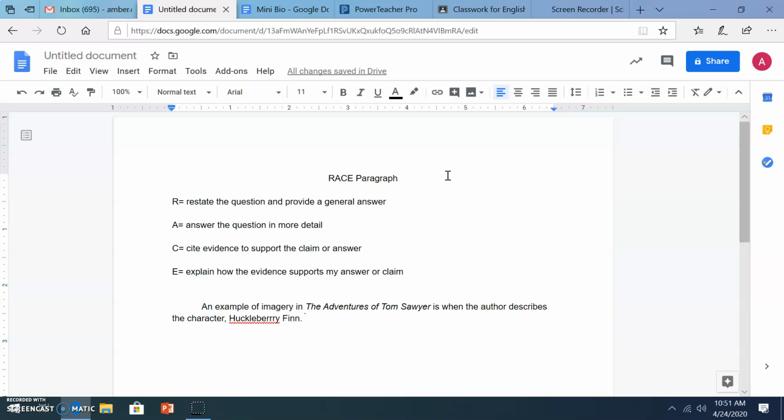Now I'm going to expand on that answer in more detail. Huckleberry Finn is not like the other boys in town because he has no guardians and is able to do whatever he wants.